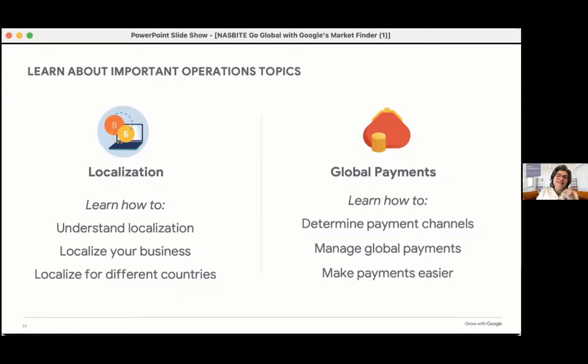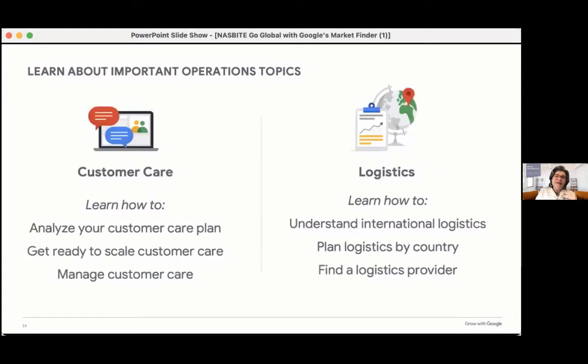So the next thing is customer care, because this is another major consideration. You might even consider working with a local customer care agent who really understands customer needs in your market. You might also need to look at a scalable CRM system to successfully manage customer care.